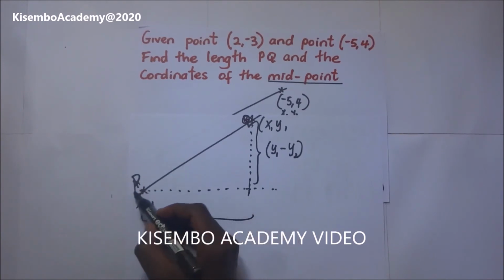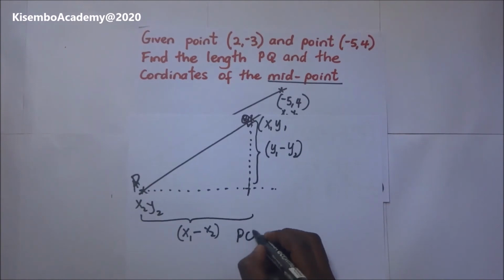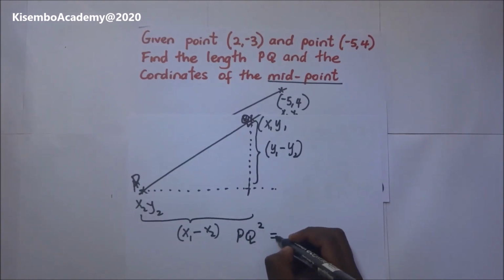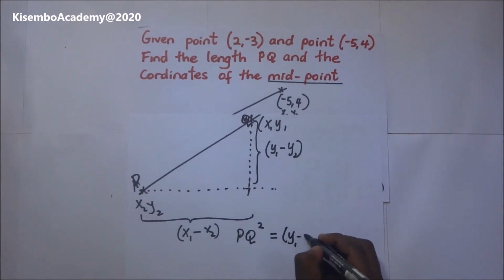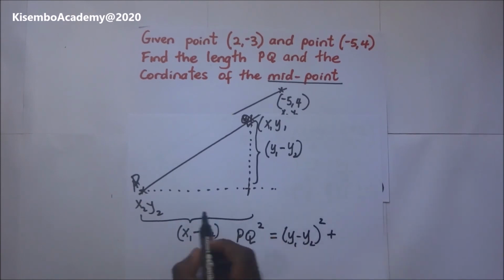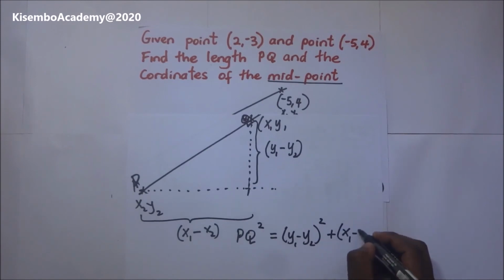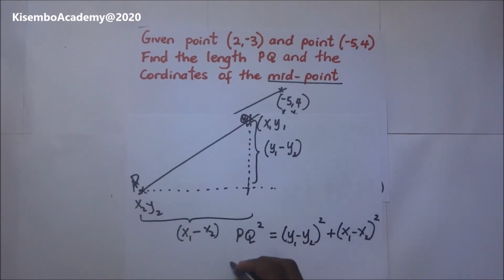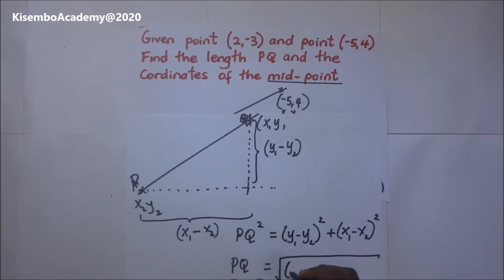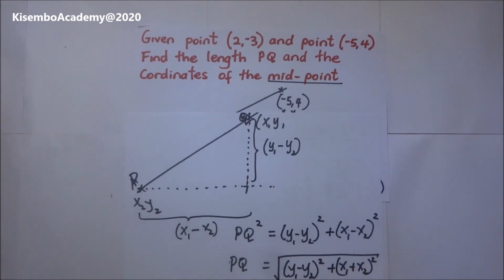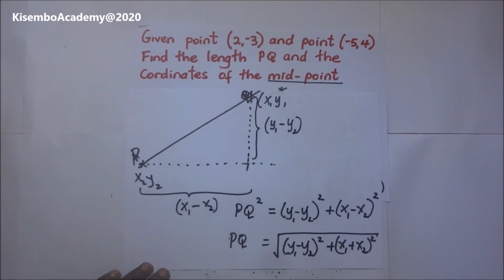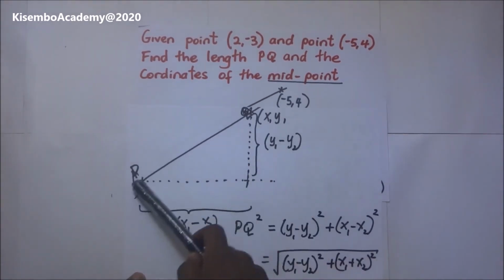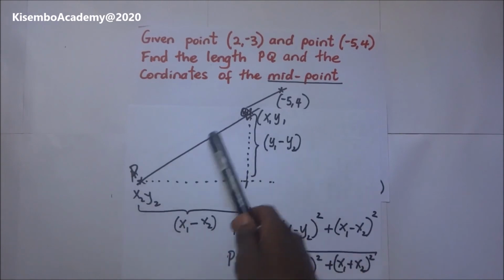So PQ squared is equal to y1 minus y2 squared, plus x1 minus x2 squared. The general equation is PQ equals the square root of y1 minus y2 squared plus x1 minus x2 squared. This is the general equation we shall be using when trying to find the length or the magnitude of a line.